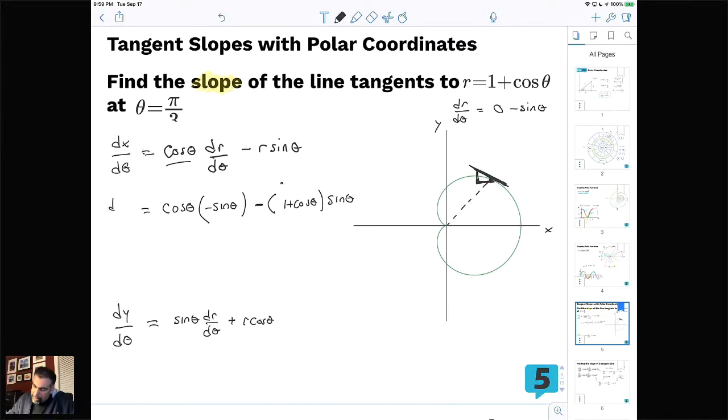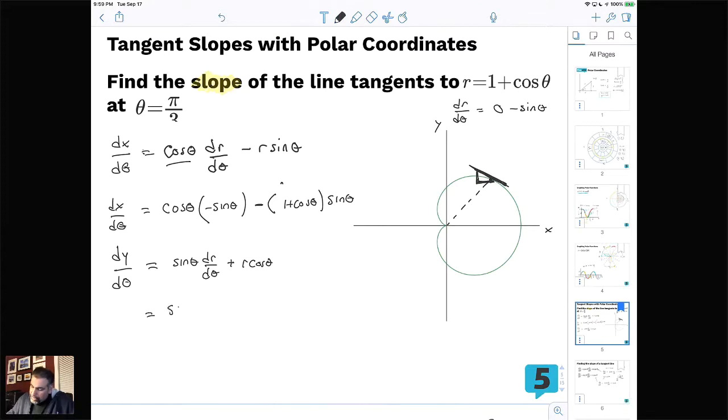That's our dx over d theta. We can now find dy over d theta. Using the formula we derived, it would be sine theta times dr over d theta, that's our same negative sine theta, plus our r, which is 1 plus cosine theta, times cosine theta. And that will be our dy over d theta.